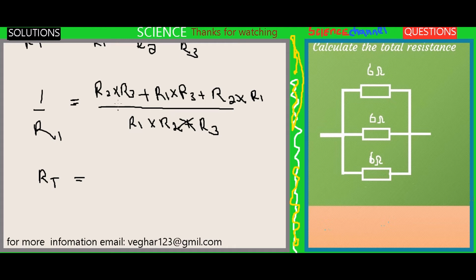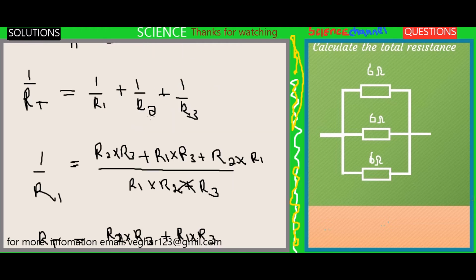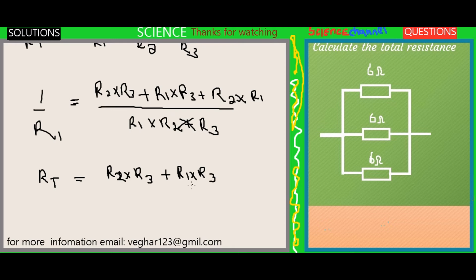Take the bottom part when you invert and put it on the top, so we'll have something like R2 multiplied by R3. You can see this is the space for R1 where there was R1, so we didn't put R1. So in R2 we won't put R2, we'll put R1 multiplied by R3. And here we put R1 multiplied by R2, so R3 is not here.